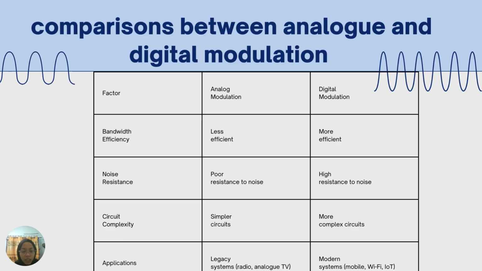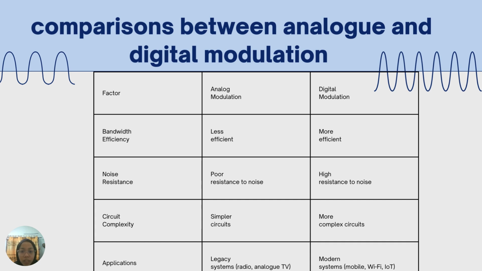Next, let's see the comparison between analog and digital modulation. As we can see in the table, the bandwidth efficiency is more in digital modulation and less in analog modulation. Next, analog signals are very prone to noise and interference.